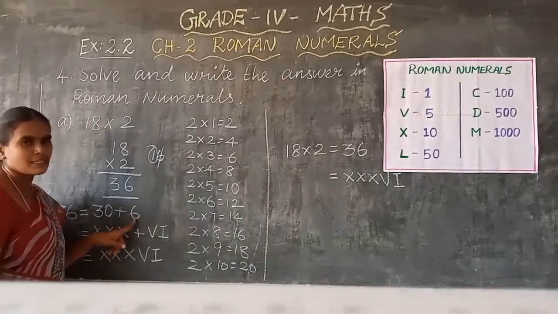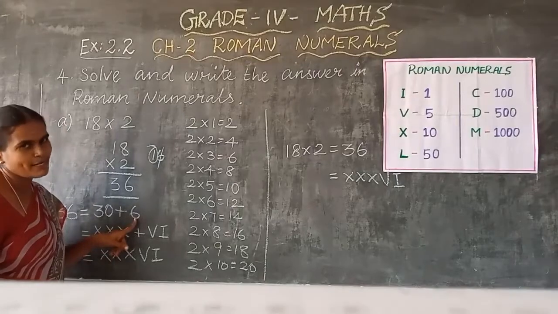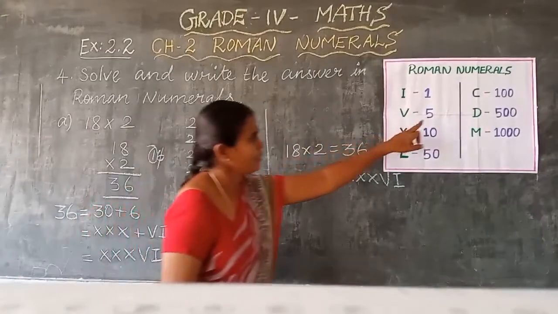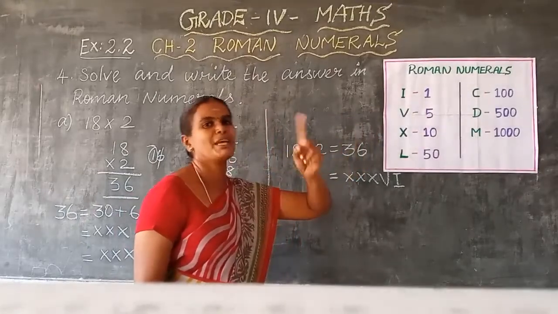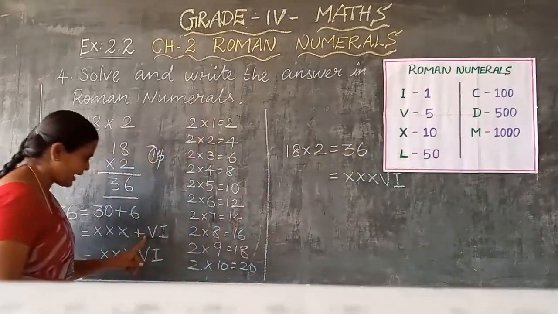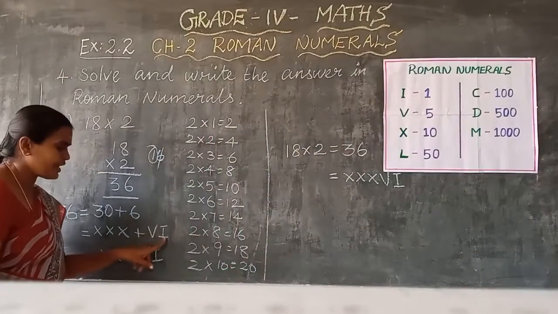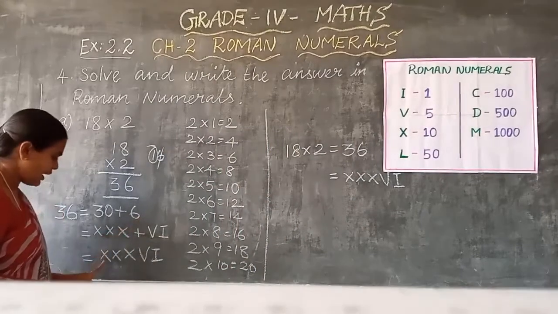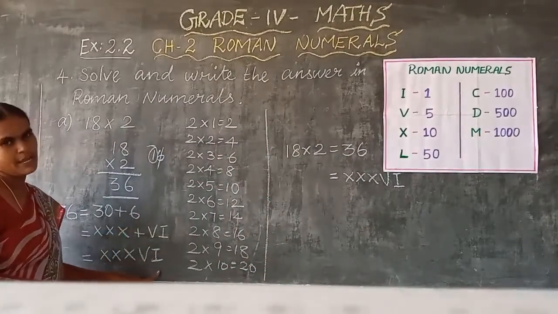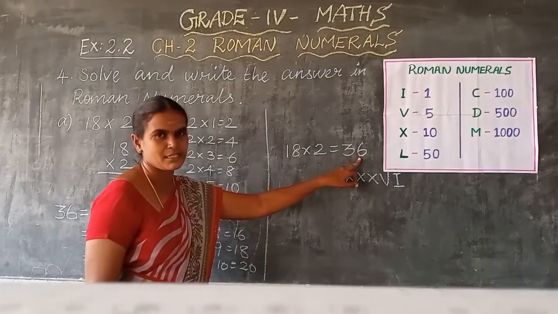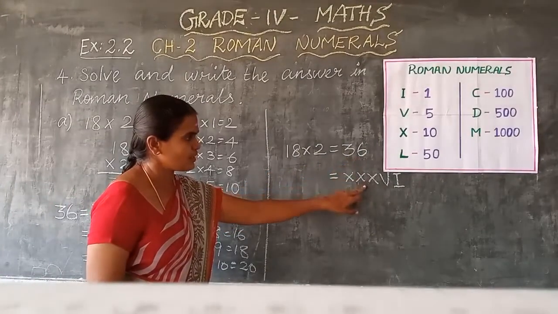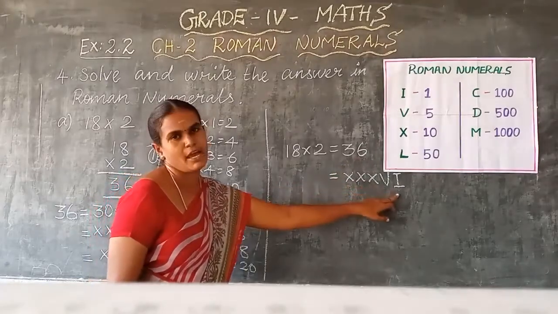Plus 6. 6 means 5 plus 1. 5 means V, 1 means I. So 5 plus 1 is VI. VI means 6. So X, X, X, VI. So 18 multiplied by 2 equal to 36, and the Roman number for 36 is X, X, X, VI.